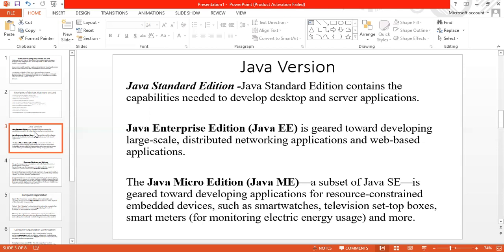So like I said, Java Standard Edition contains the capability needed to develop desktop and server applications, while the Java Enterprise Edition is geared towards developing large scale distributed networks. For example, Facebook.